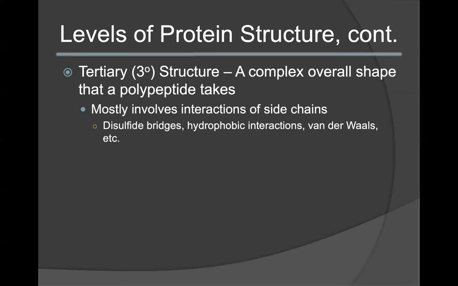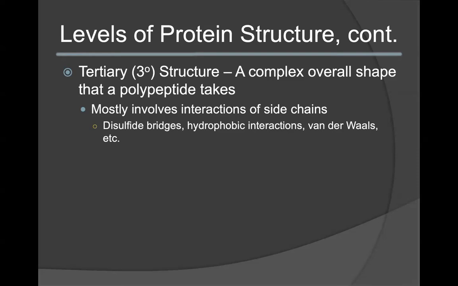The tertiary structure of a protein occurs when you have multiple beta sheets and multiple alpha helices that are interacting with each other. At this point, there is a complex shape that the polypeptide will begin to form. This mainly involves interactions of the side chains once again, but now we're going to have more complex interactions.